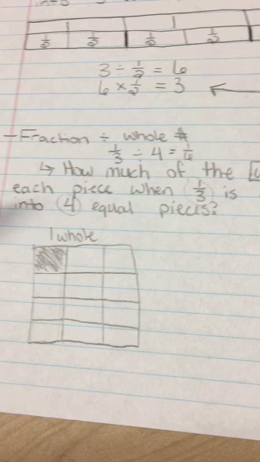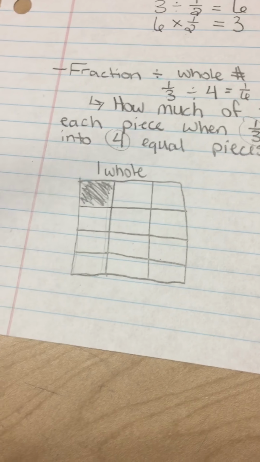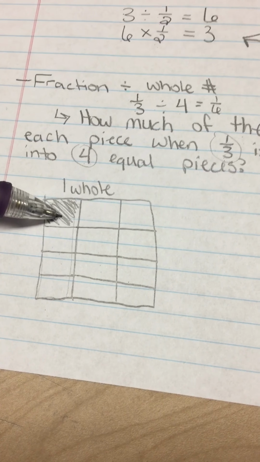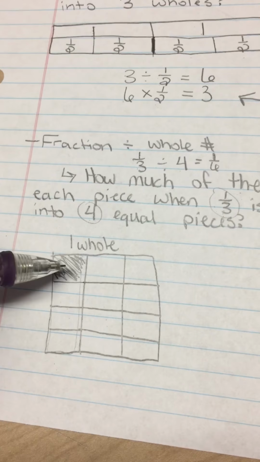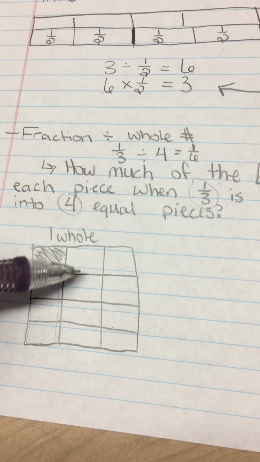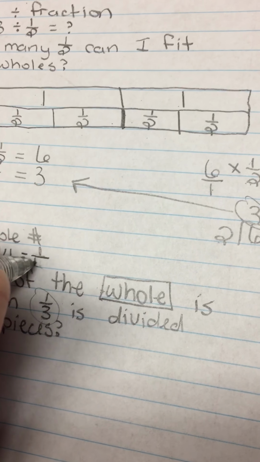Now I go through, because this is one whole, it's all cut the same, and now I can count my pieces. So I have 1, that stayed the same, 1 out of 1, 2, 3, 4, 5, 6, 7, 8, 9, 10, 11, 12. Let me change that up here.